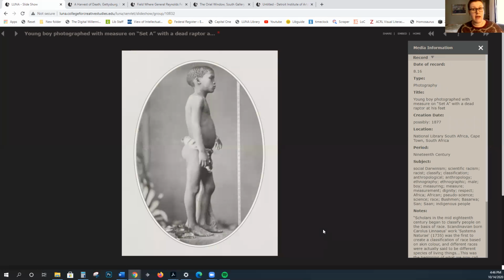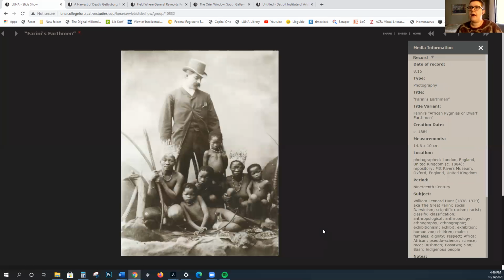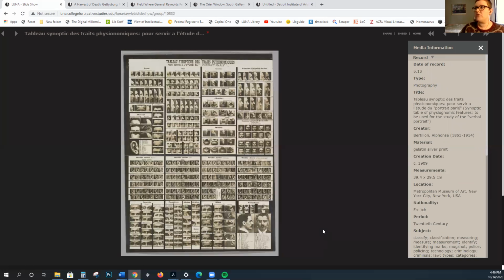So you see this a lot in Africa. You also see it starting to be used for criminal justice purposes, so for purposes of identification. So what you see here is a table of features so that you can create a verbal portrait of a criminal, which is really interesting.